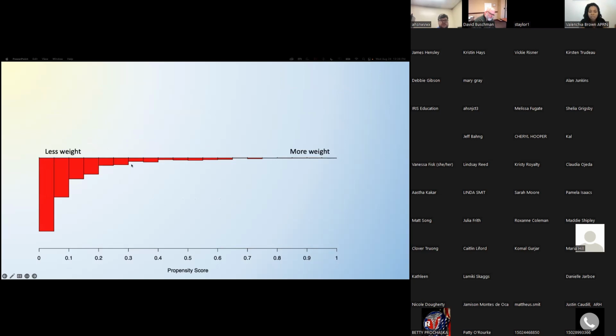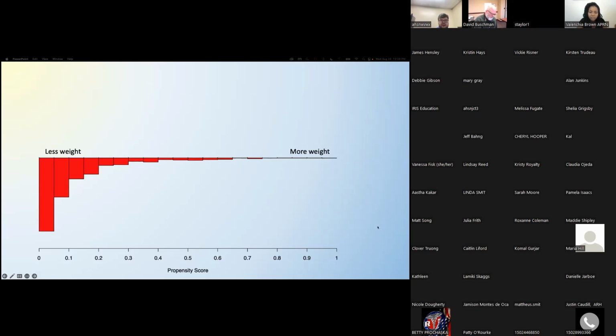And then for those that didn't have COPD, we give less weight to these patients down here, and then more weight to the patients that are going to be in the higher end, because we're essentially taking the inverse probability of 1 minus the propensity score for those patients.